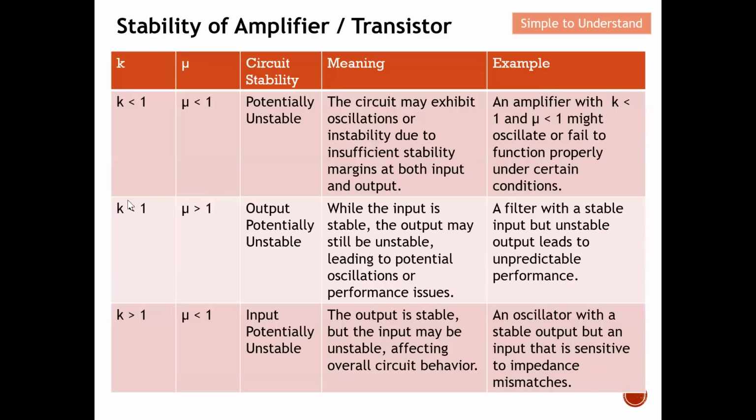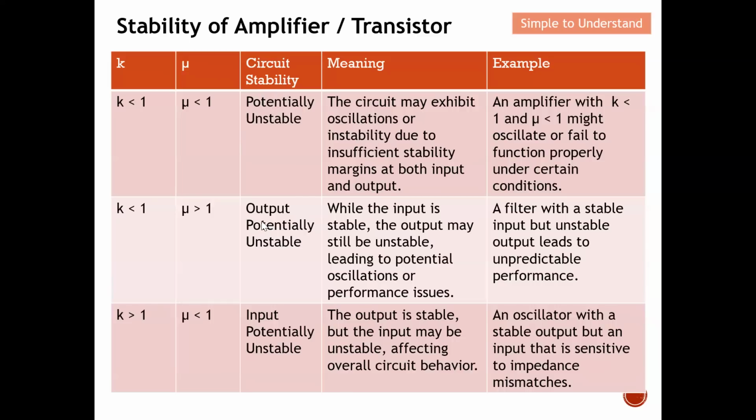Another situation here: when K is still less than 1, but this MU factor is more than 1, then the output will be potentially unstable, which means that only the output will be potentially unstable. In the previous case, both the input and output were potentially unstable.